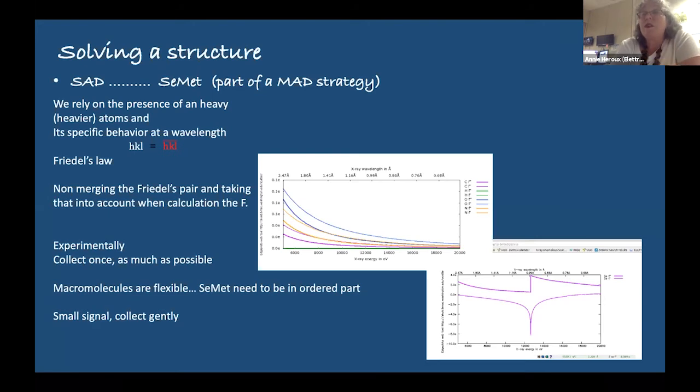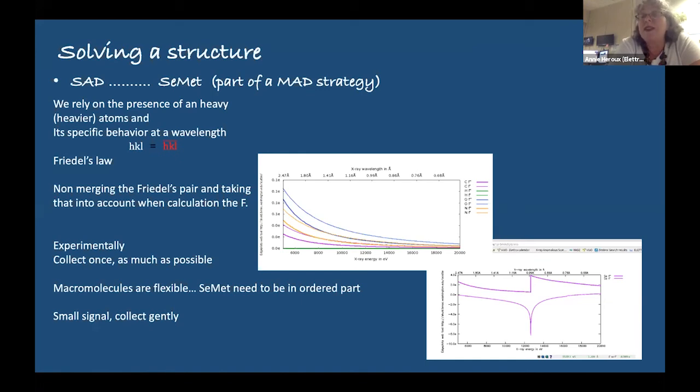And at this point, we have detectors with very good signal to noise, and we can measure these reflections with enough accuracy that you can pick up all of the small differences that come from anomalous dispersion. The strategy that you're going to use is going to be different at this point because you want to capture very small differences in the intensity.